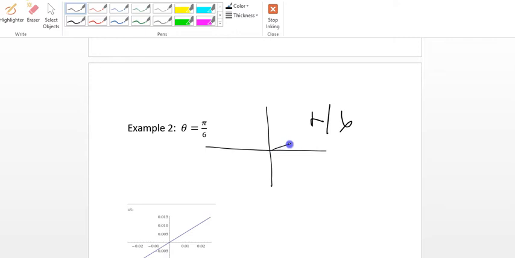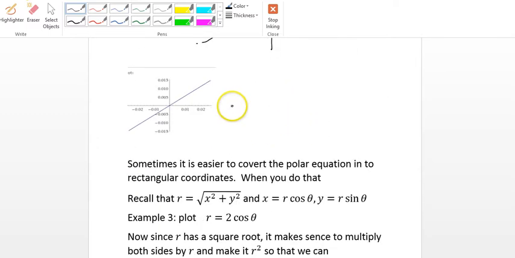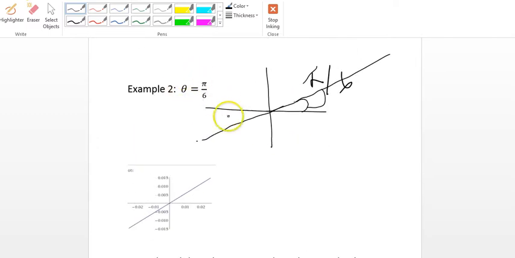The angle is fixed as pi over 6, but the distance can take anything. So what do you really get? You get a straight line with a slope having an angle pi over 6. So that straight line is shown here below. Once again, this is independent of r, so the distance from the origin can take any value.